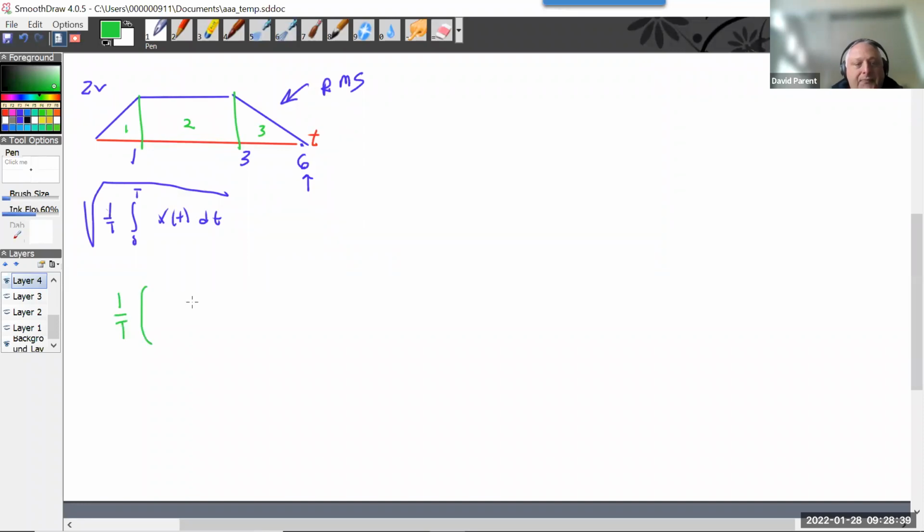Okay, so now we have 1/T. Let's see, we'll call this region 1. 0 to, yeah, I could probably say this to T divided by 6, but I'm actually going to put the limit here.